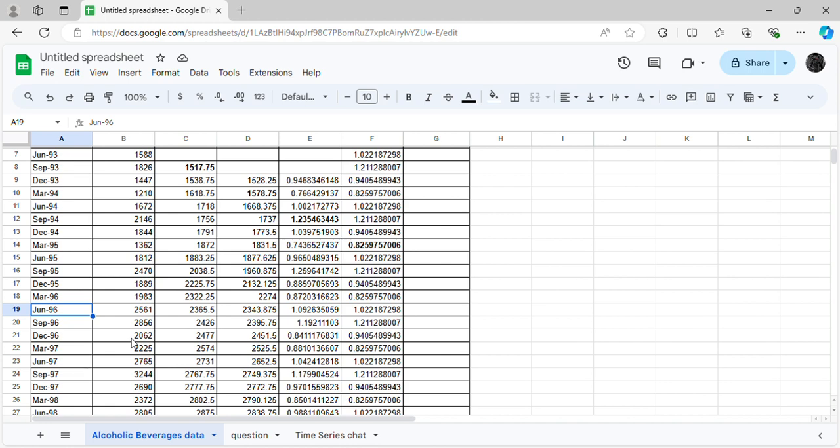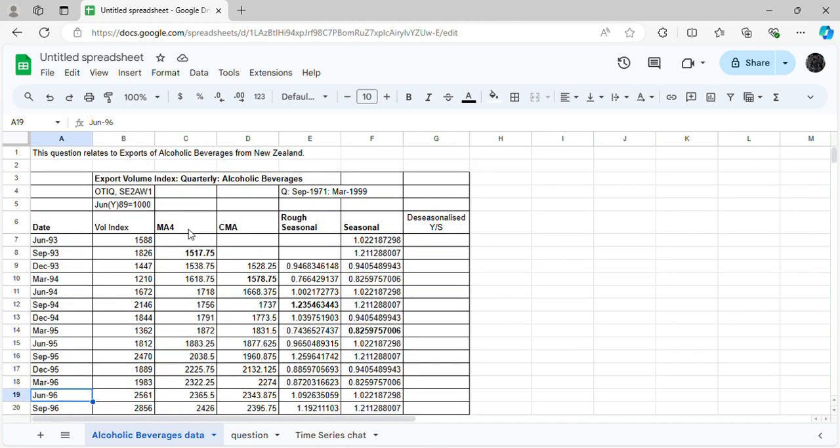So let's find the moving average. The moving average for the 4 quarters.